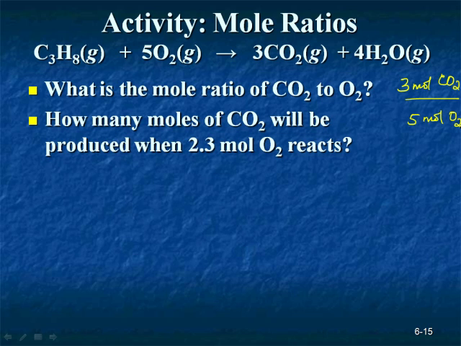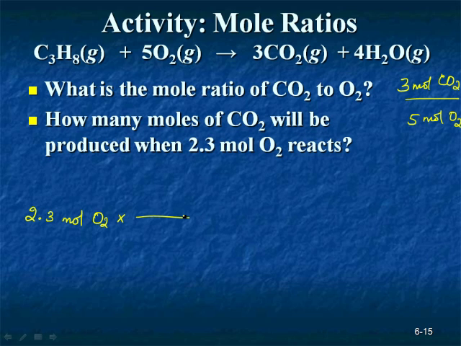Now the second question is, how many moles of carbon dioxide will be produced when 2.3 moles of O2 reacts? How do I set up this one? So what am I given in this problem? 2.3 moles of O2. So I'm starting with that, and I need to multiply that by a mole ratio. Which mole ratio should I use there? 3 moles of CO2 per 5 moles of O2, because I'm looking for moles of carbon dioxide.